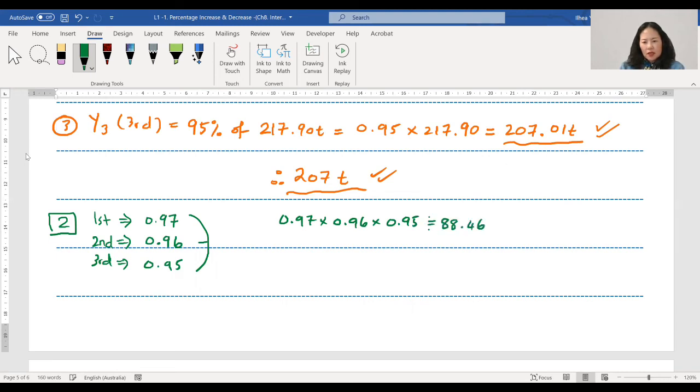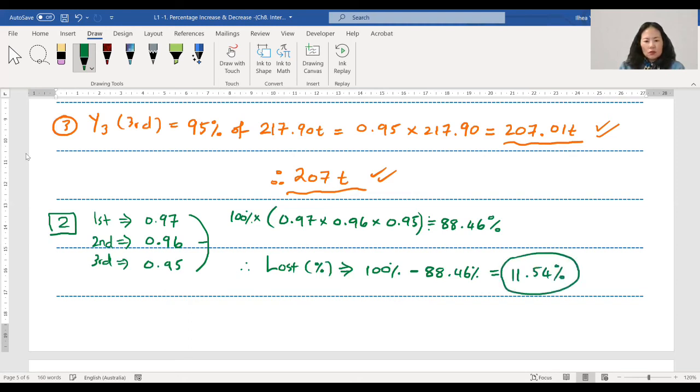will roughly give me 88.46, okay, percent. So now, what percentage is lost? 100% take away 88.46% will give me 11.54%. That's the total lost percentage.